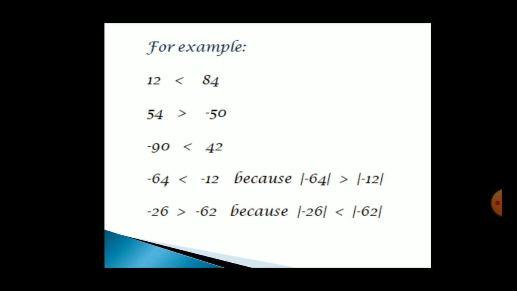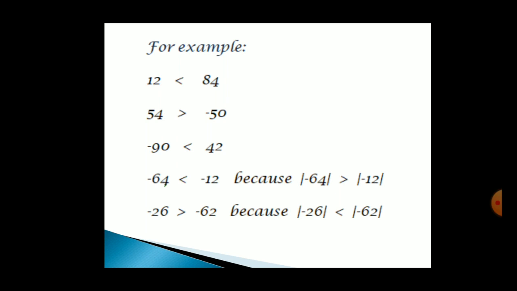Both are negative integers. Negative 64 and negative 12. How can we say that negative 64 is less than negative 12? We are comparing by taking the absolute value. The absolute value of negative 64 is 64 and the absolute value of negative 12 is 12.